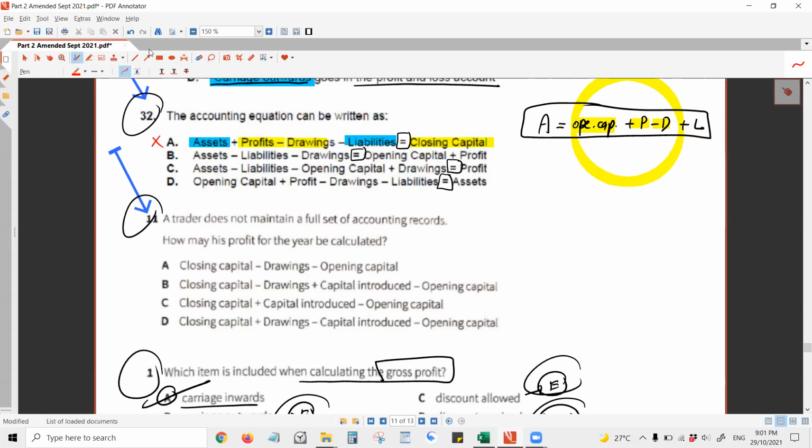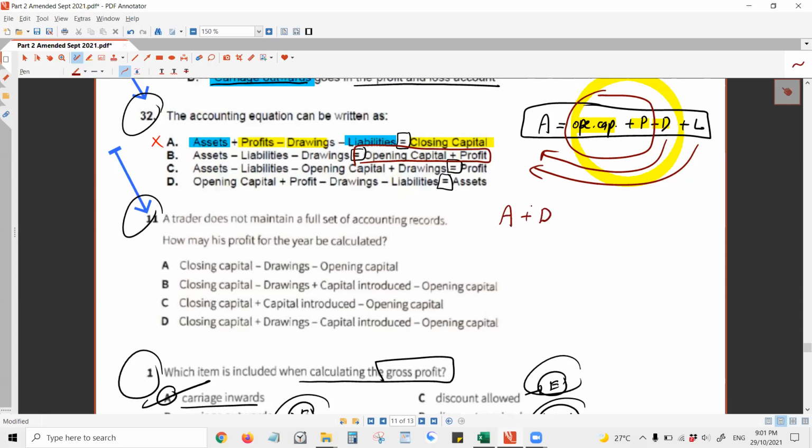Now B. You have to put the opening capital plus profit at one side, meaning you have to maintain the position of these two here. Then you bring drawing to the other side, bring liability to the other side. Get the idea? To match the B. So A plus D, you know mathematics, right?